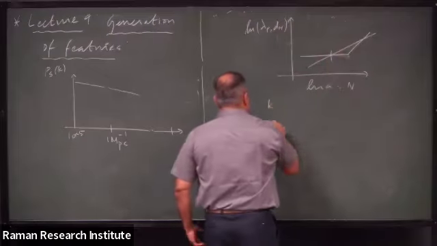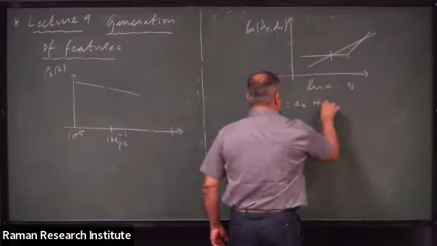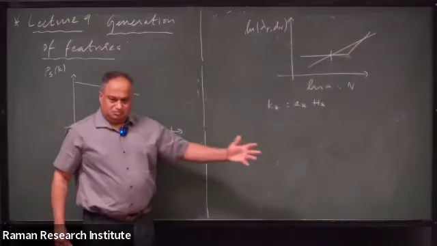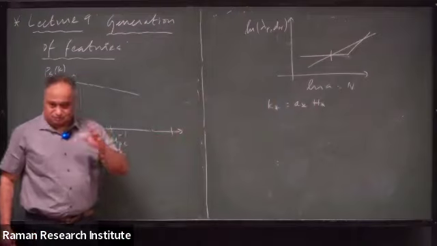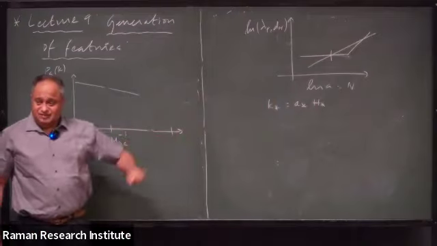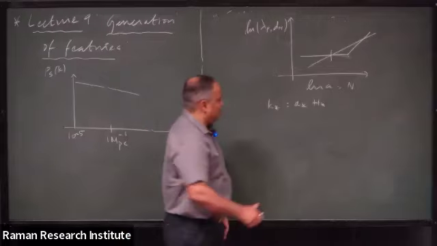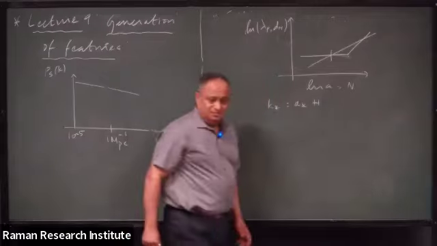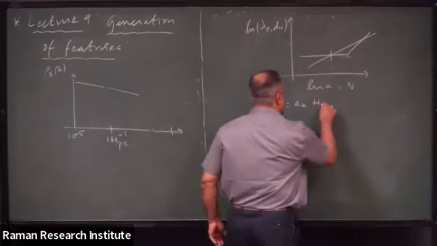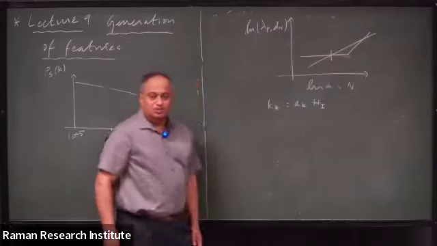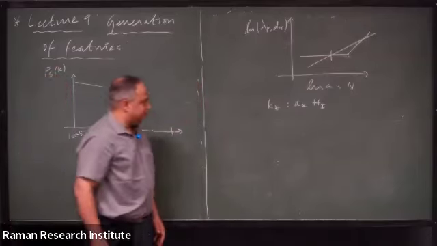Let's say k star is a star H star. k equal to aH is the Hubble radius. I put stars to indicate some pivot scale leaves the Hubble radius at that time. I'm going to assume for simplicity, H is almost a constant. H is just H, it's a constant. Maybe I should use something like H_I to indicate that it's a constant Hubble scale during inflation.